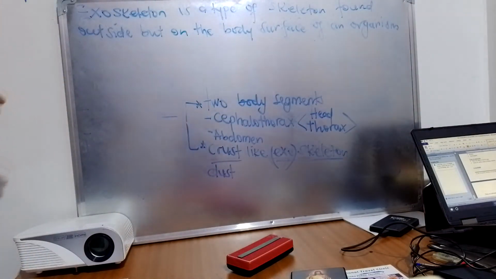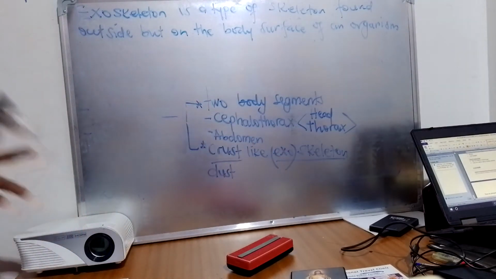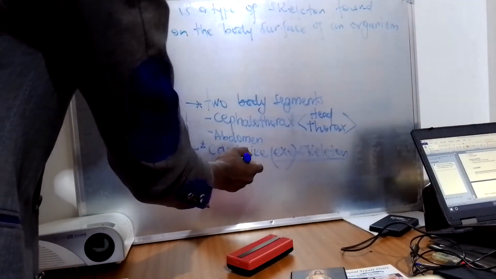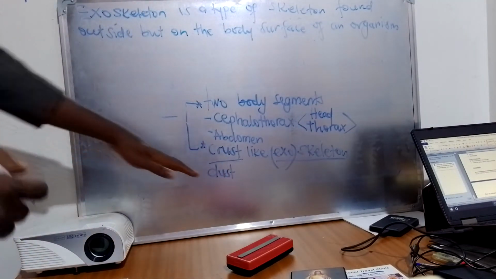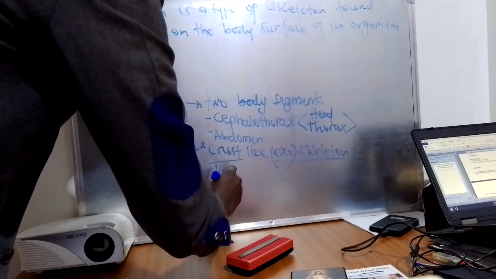That is what we call exoskeleton. So the crustaceans have an exoskeleton, and this exoskeleton is crust-like, meaning it's hard.